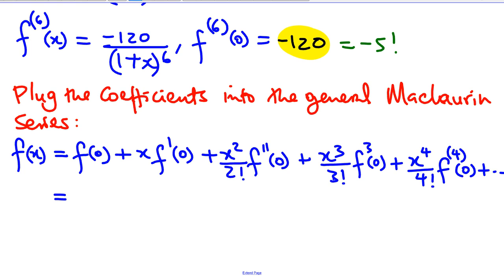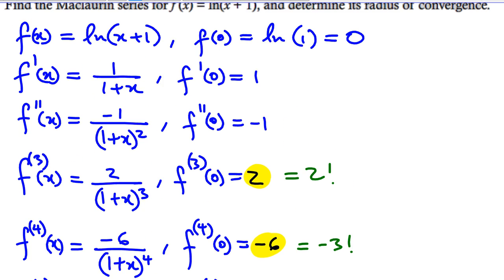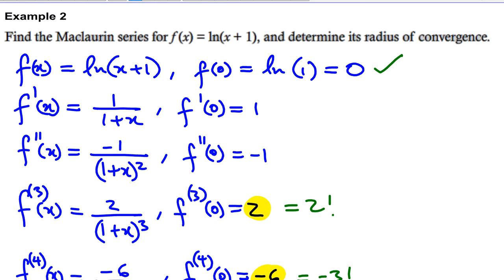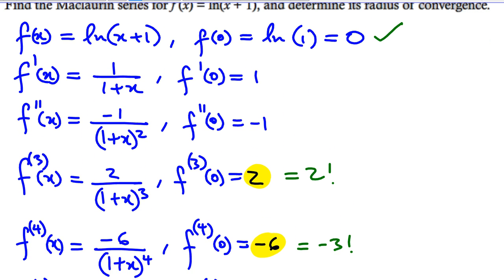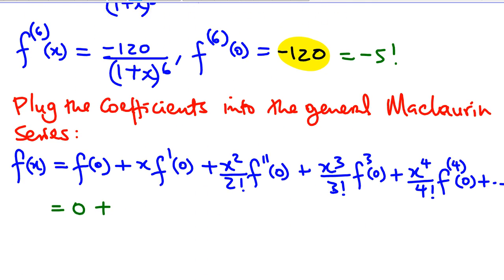Next, what I'm going to do is plug the coefficients into this formula. So what I'll end up with is f(0) is 0. We saw that in the beginning. I can show you back again. f(0) is 0. And I'm just going to plug all those coefficients into this.